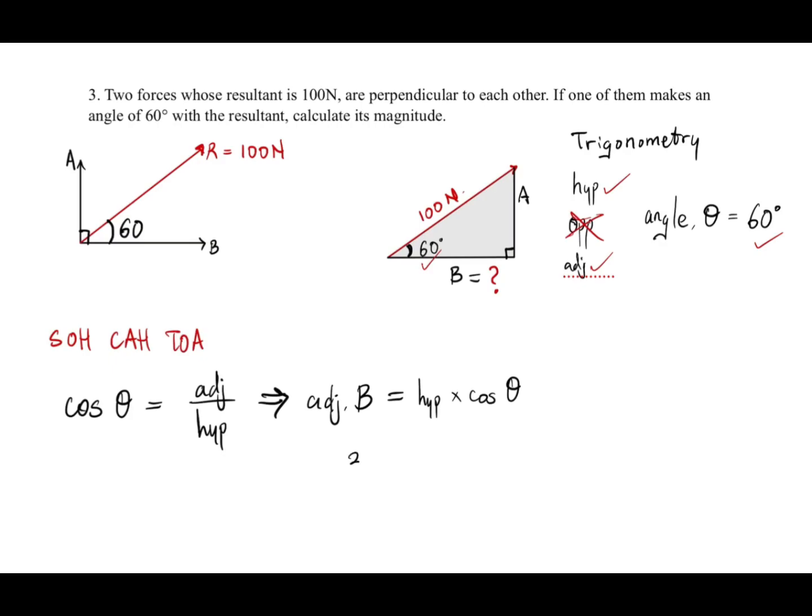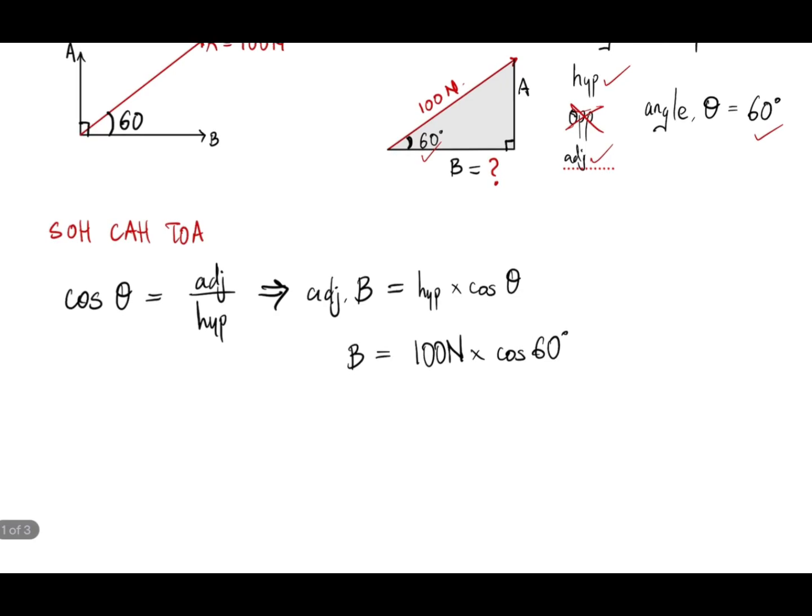And so B here is equal to 100 newtons times cosine 60 degrees. If you look at your calculator, you would see that cosine 60 degrees is 0.5, or I believe it's given to you in the question, 0.50. And so you can conclude that B now is equal to 50 newtons.